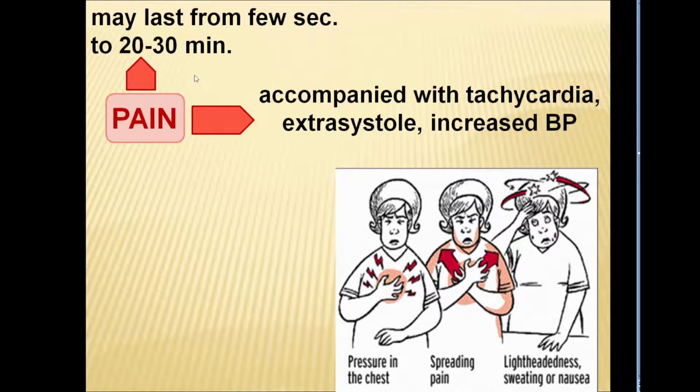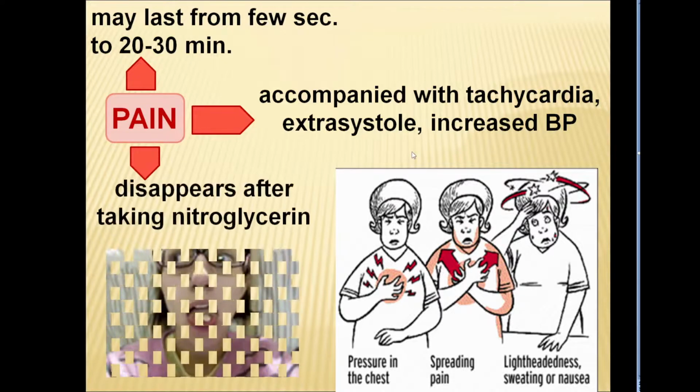But if the pain prolongs, it is accompanied by tachycardia, sometimes disordered heart rhythm, and maybe increased blood pressure. But this is characteristic for patients with progressive affection of coronary arteries with atherosclerotic plaques.